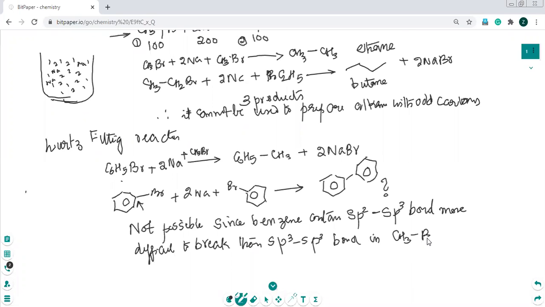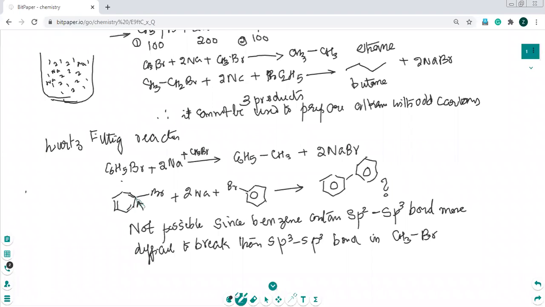Now, how do you know whether this is sp2 or sp3? You have 3 double bonds here.